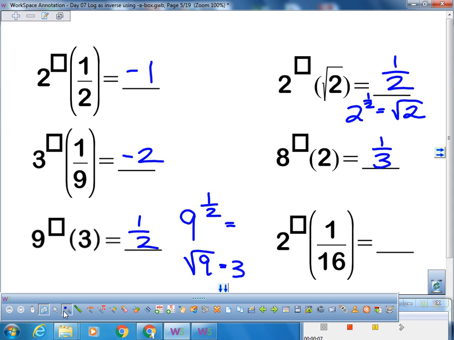The 4th? It's got to be negative because it turned into a fraction, right? The exponent has to be negative in order for it to turn into a fraction. And it went from 2 to 16, so it's negative 4.